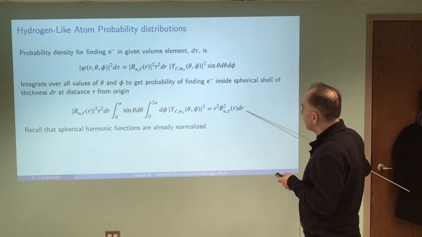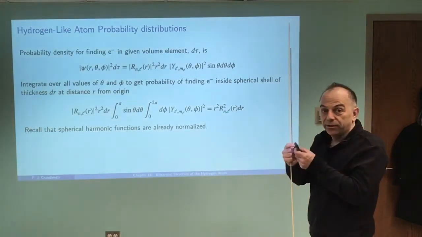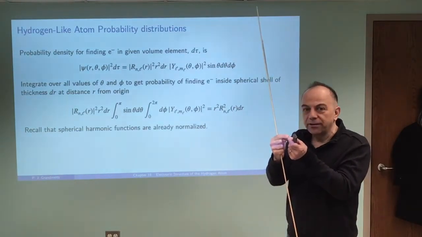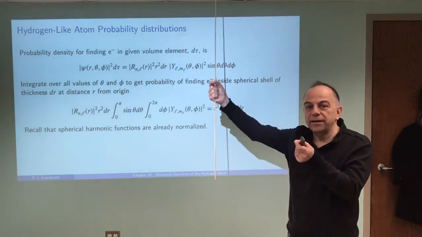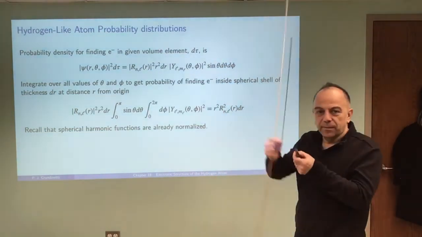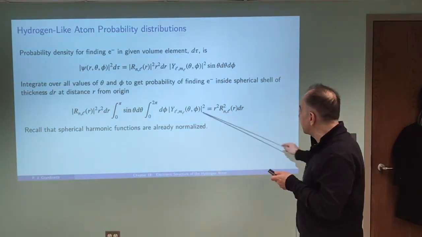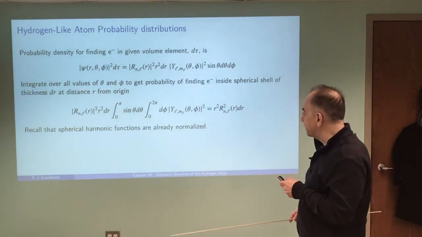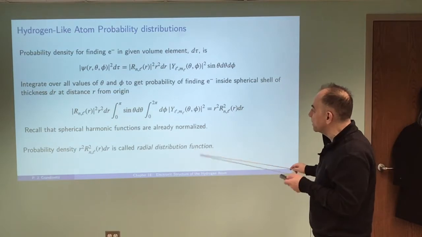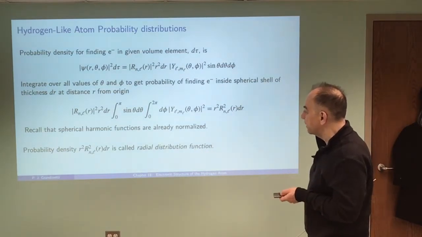This describes the probability distribution along the radial dimension. In other words, from the origin where the nucleus is, what is the distribution of probability in all directions? We integrated out the theta and phi part. This is what's called the radial distribution function, and we'll look at some plots of that in a second.